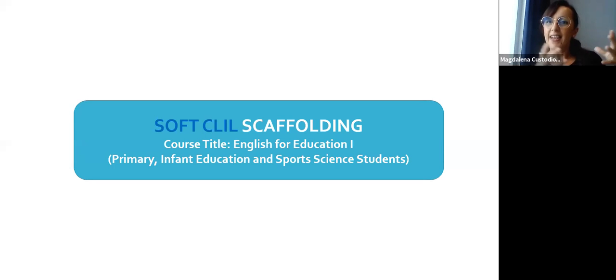We might think there is less content in the lessons, but the important thing is not the amount of content. The important thing is the type of tasks students do to learn this content. And if they do tasks in which they develop higher order thinking skills, then we are doing proper CLIL. So this is not a problem in any sense.